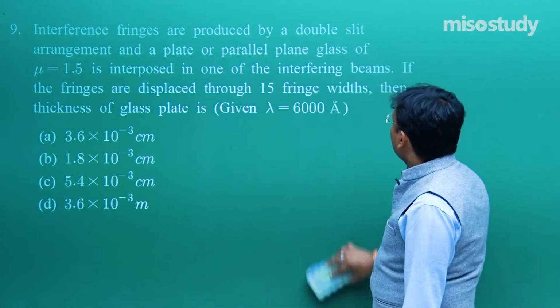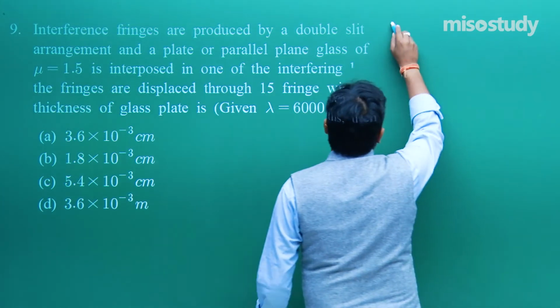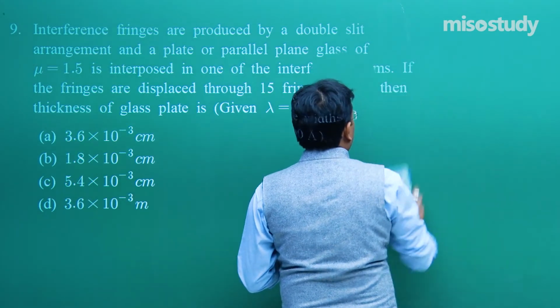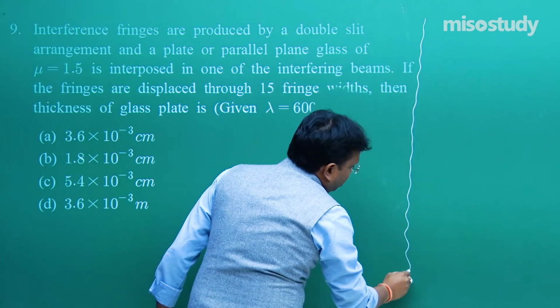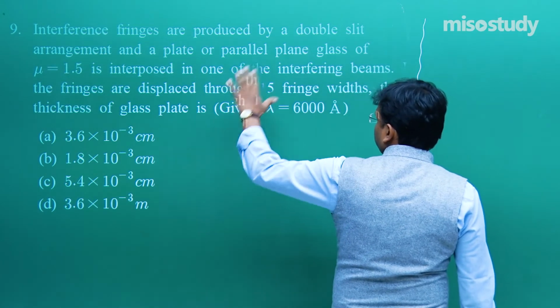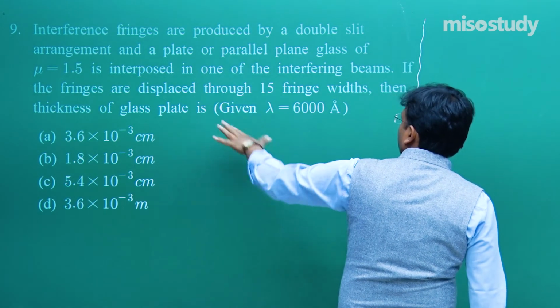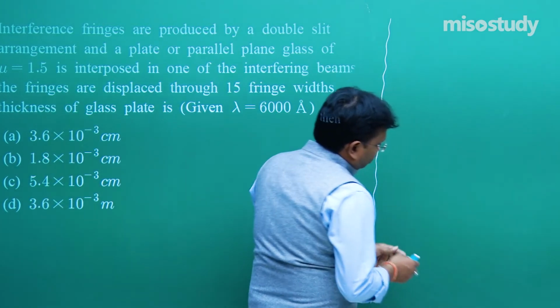Now, the formula and the exact solution of this problem I am going to explain step by step. Because I explained the problem to you, if some part of the question is not visible, please don't mind, because the entire question is clear to you and I am going to provide you the solution.